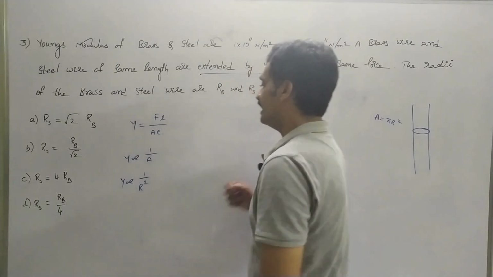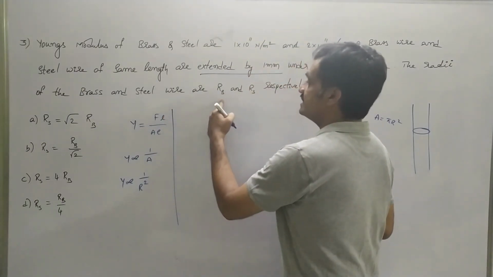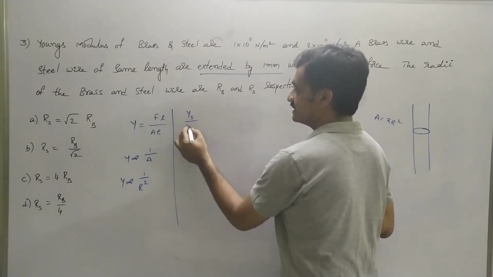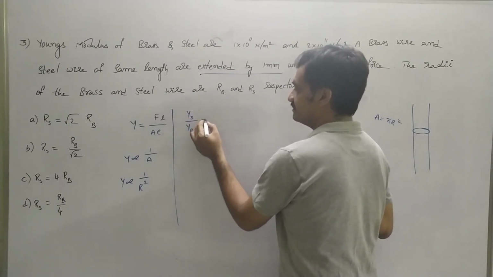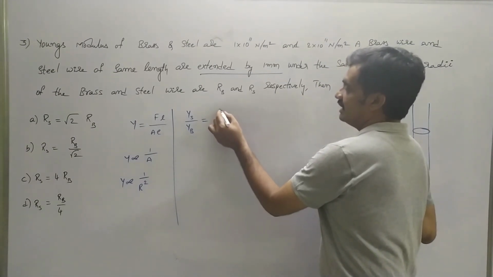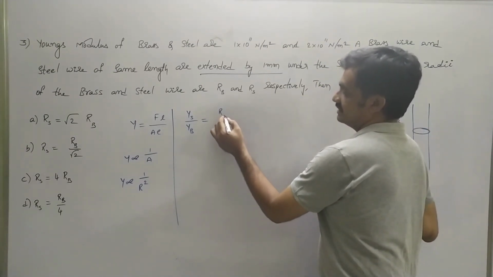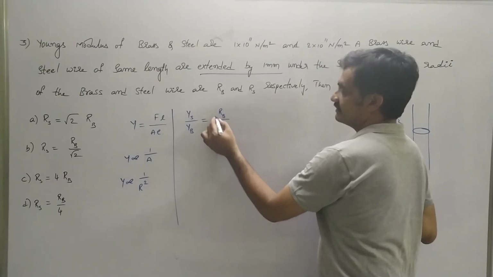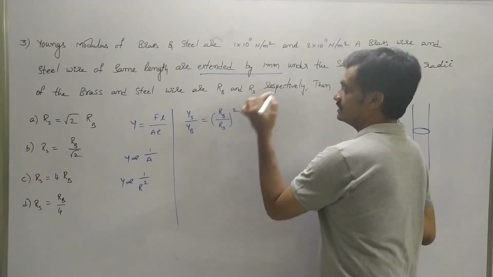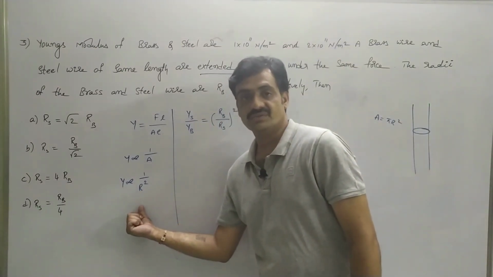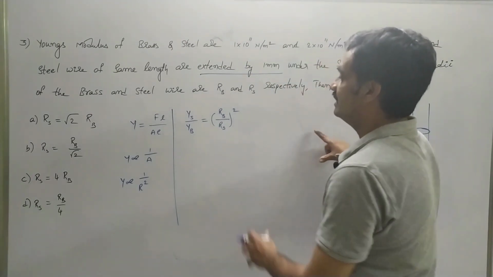Then the Young's modulus of steel and brass are given as Y_s / Y_b = (r_b / r_s)², since Young's modulus is inversely proportional to the radius squared.